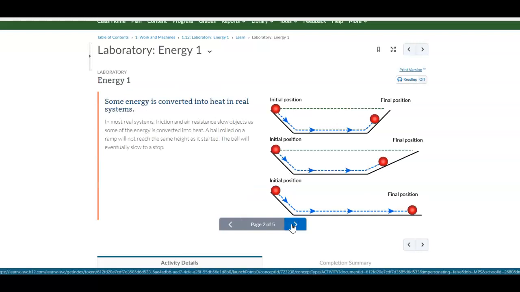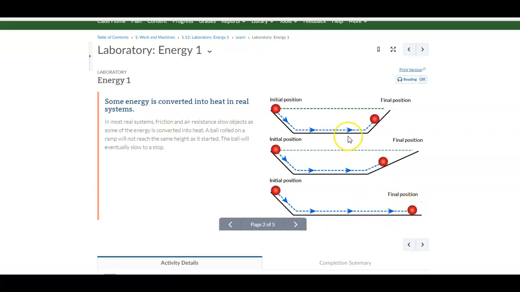So we know that some of that energy is converted into heat in real systems. In most real systems, friction and air resistance slow objects as some of the energy is converted into heat. A ball rolled on a ramp will not reach the same height as it started. The ball will eventually slow to a stop. So if it's going to go back up on the other side, it's only going to go up just not quite as high.